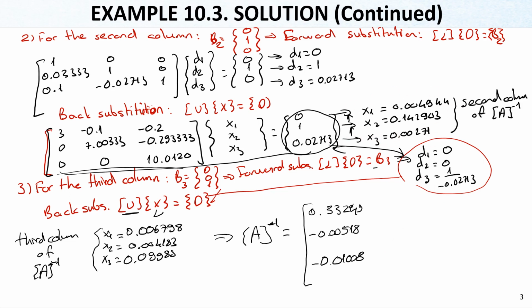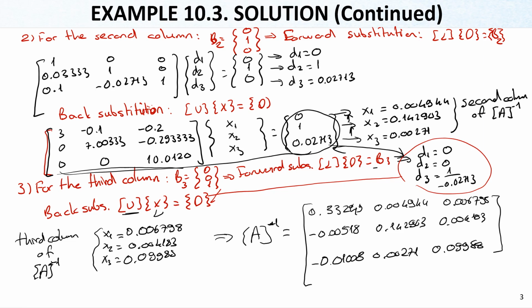X1, X2, and X3. So 0.004944, 0.142903, and 0.00271. And the last one, this comes here. 0.006798, 0.004183, and 0.09988. You can see we obtained A inverse.